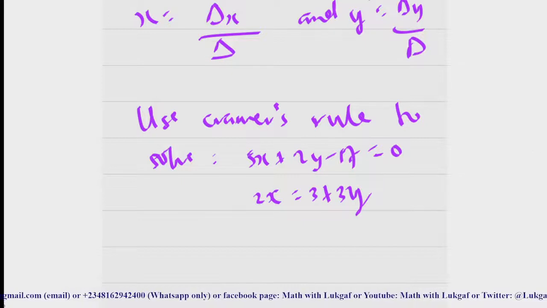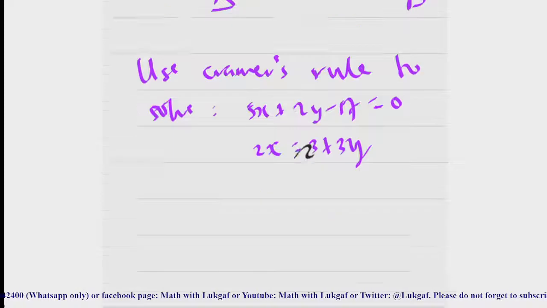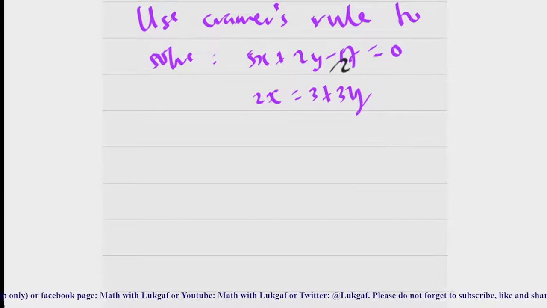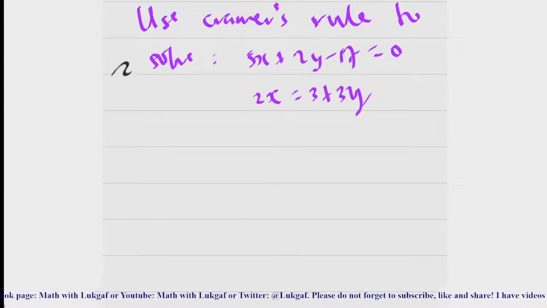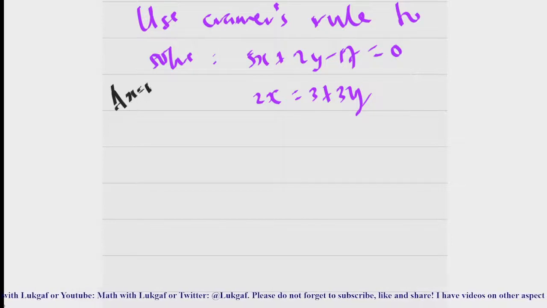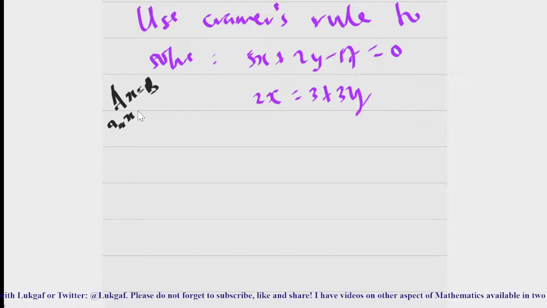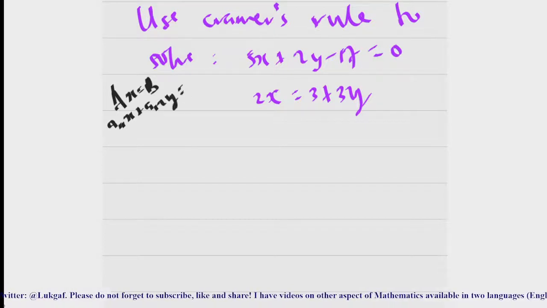I said in the last video that when you have this kind of problem, you have to rewrite it first to be in the form ax is equal to b, or in the form a11x plus a12y is equal to b1. You understand now?